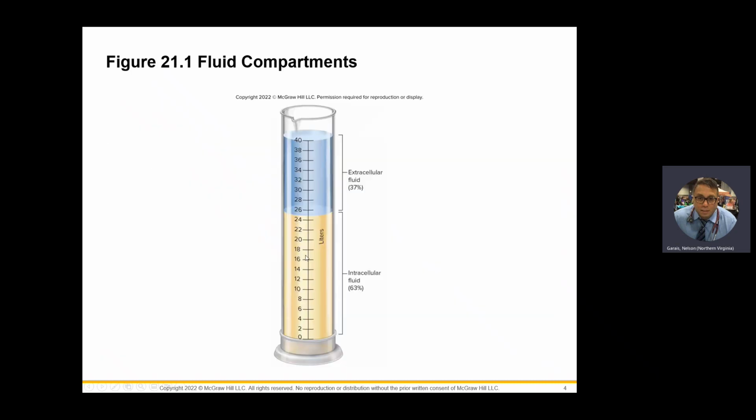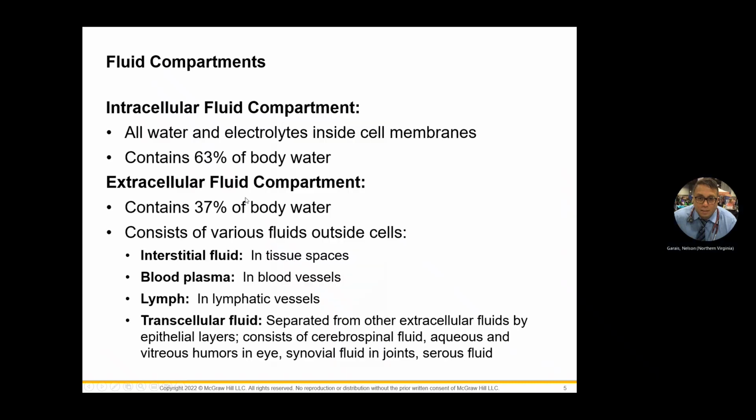The majority of the fluid is in intracellular fluid, more than half, about 63%. Think of it this way: all the chemical processes have to be done inside the cell, so it makes sense that there's more fluid on the inside than the outside.